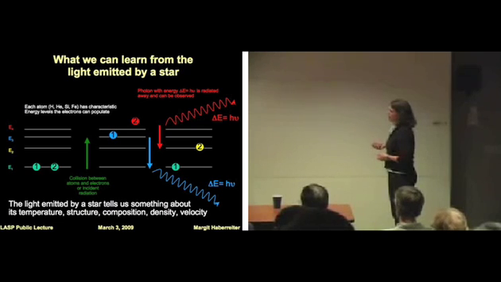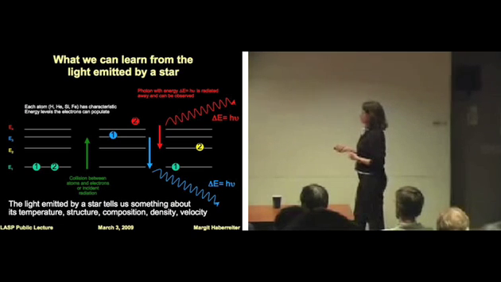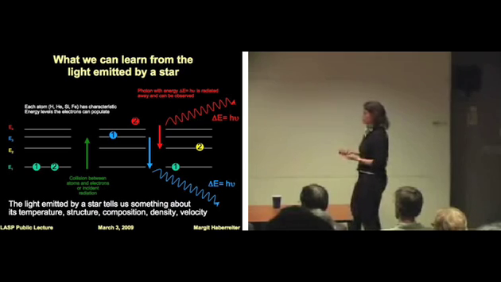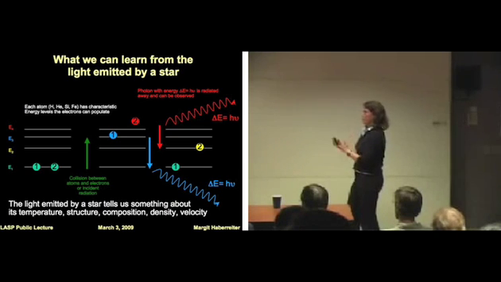The sun consists of a whole bunch of atomic species, which are partly ionized, and each of these species has a very characteristic energy configuration. We have discrete energy levels in each atom, and we can observe these energy levels by looking at the light that is emitted.